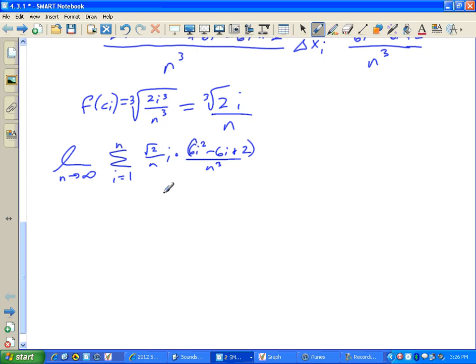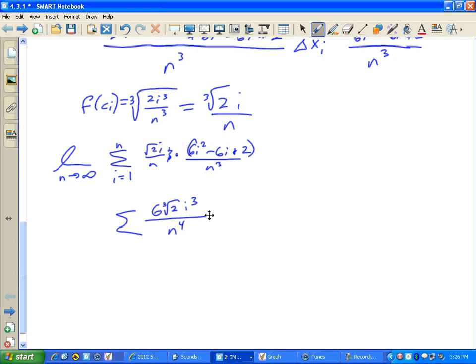So I can multiply these. Let's have this i be up here, so I can distribute that inside. So I'm going to have 6 times the cube root of 2 i to the third over n to the fourth. That'd be the first term here.